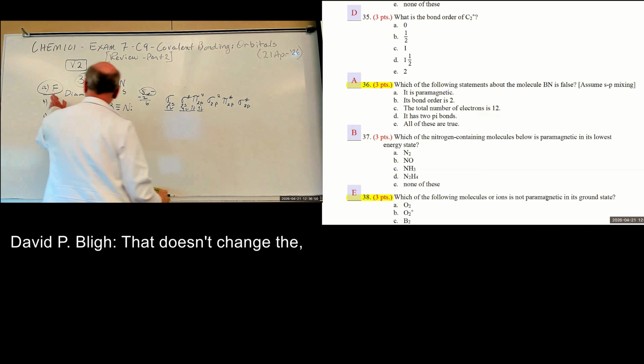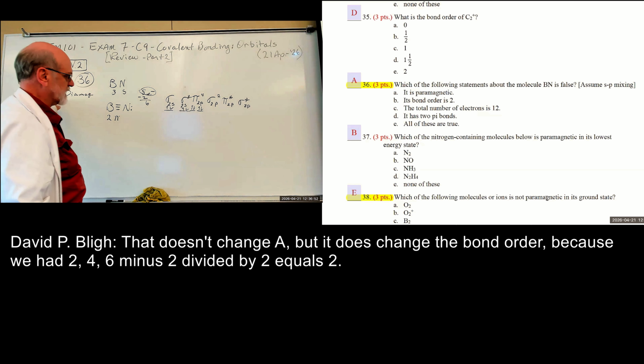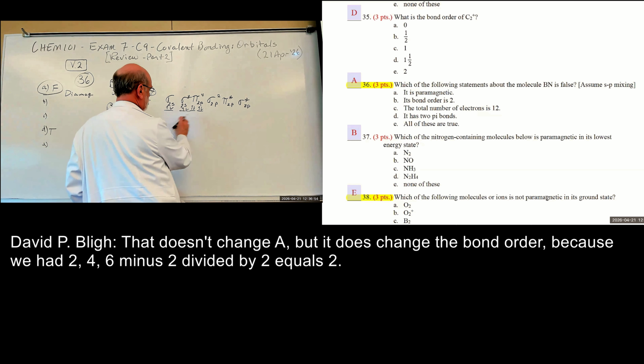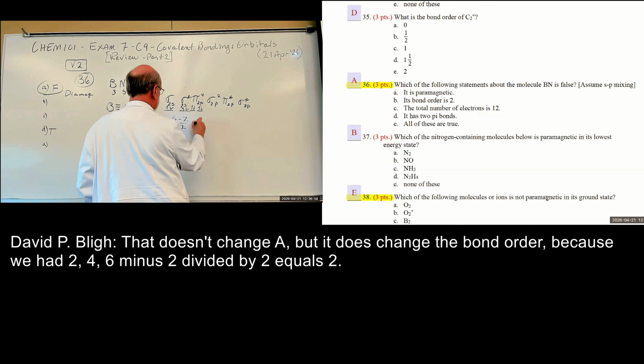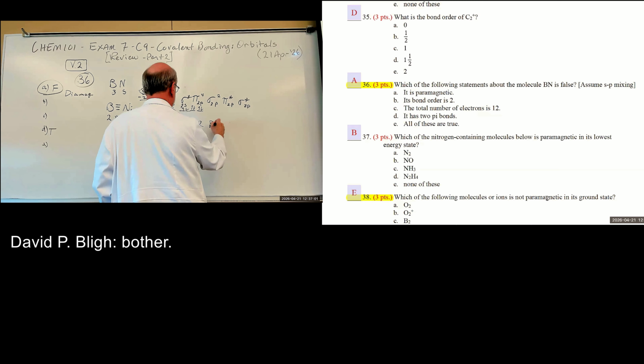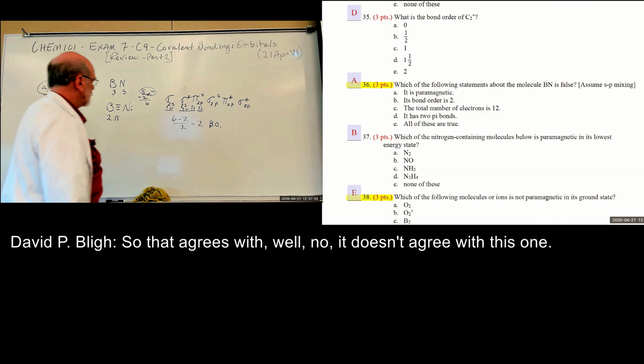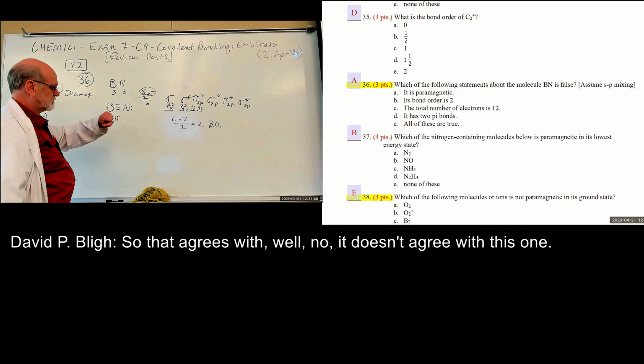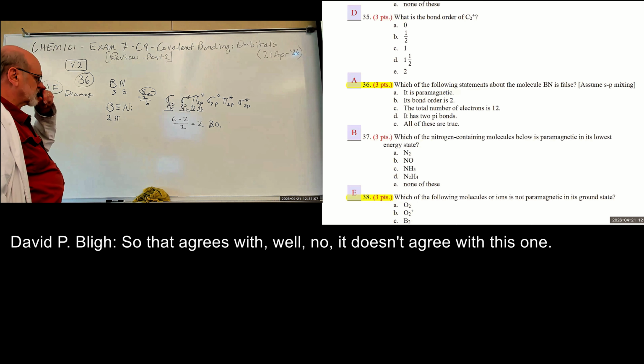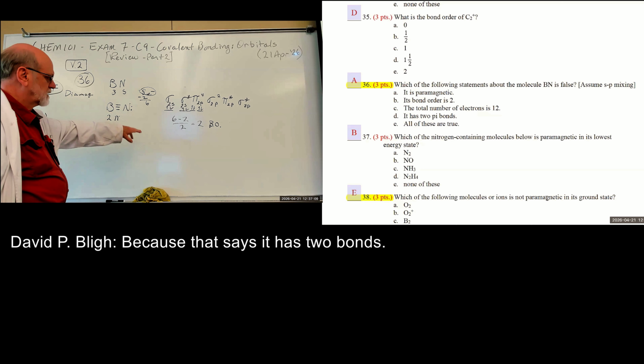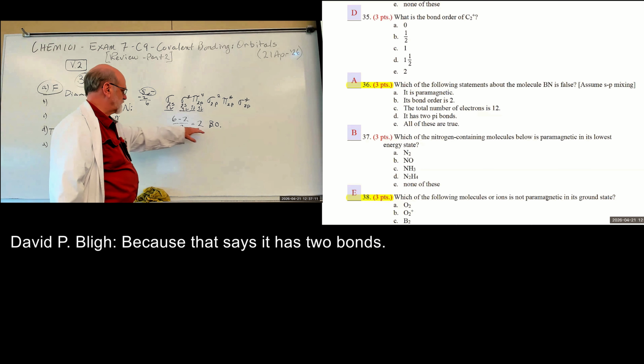That doesn't change A, but it does change the bond order because we had 2, 4, 6 minus 2 divided by 2 equals 2. Bond order. So that agrees with, well, no, it doesn't agree with this one, because that says it has 2 bonds.